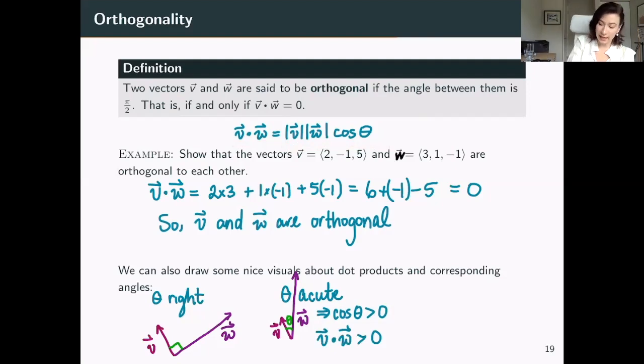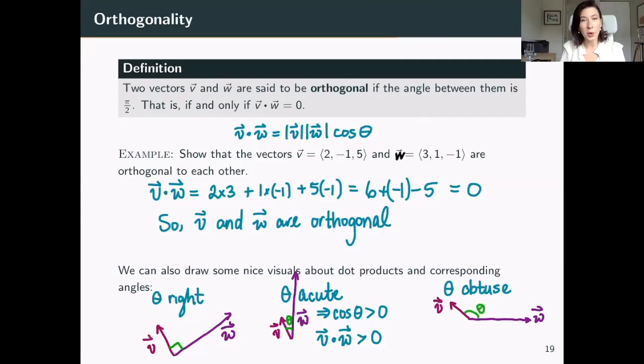The last case is when the angle theta between the two vectors is an obtuse angle. We could draw a similar picture where I have my vector W and another vector V, and I know that the angle between these two vectors, again calling it theta, is an angle between 90 and 180 degrees.